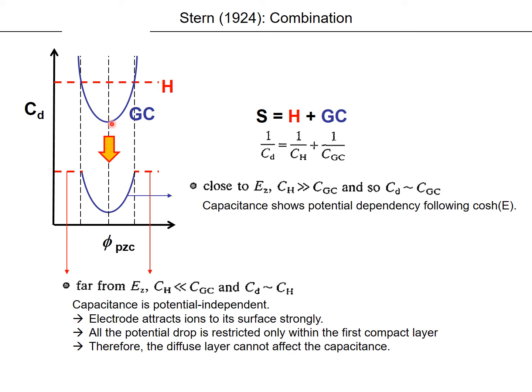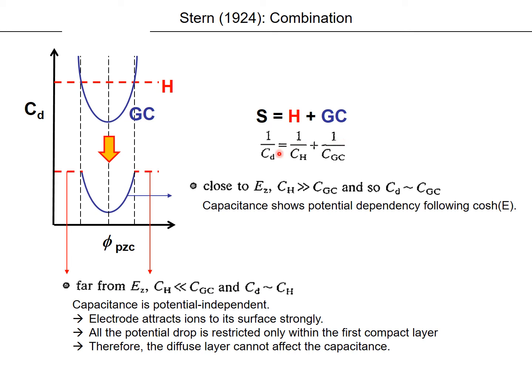At this potential, the Helmholtz capacitance value is estimated to be much larger than the capacitance expected by the Gouy-Chapman model, like that. It means 1 over C_H, the Helmholtz term, is going to be the smaller number, and 1 over C_GC, the Gouy-Chapman term, is going to be the larger number.